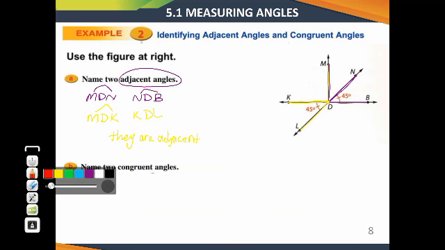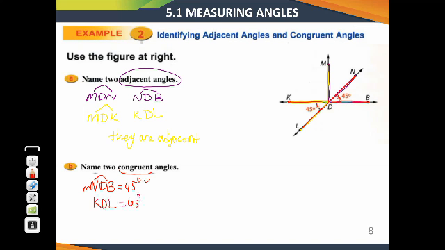Name two congruent angles. Congruent means they have to have the same measure. So look, guys, in here we have N, D, B. Measure of NDB is 45 degrees. And KDL is 45 degrees also.